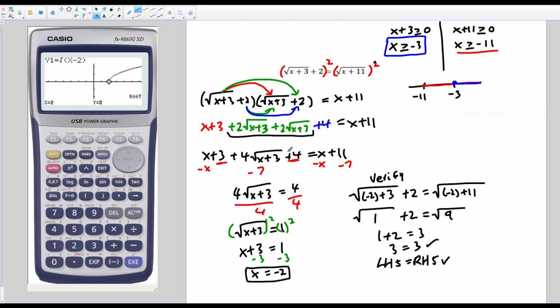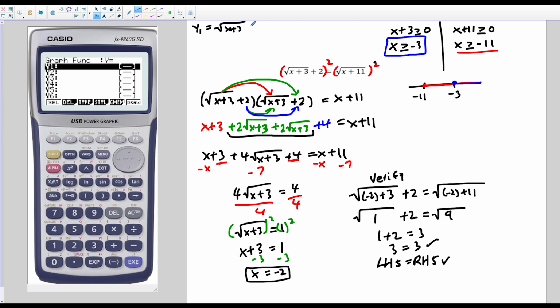We can just stick with this one. Let's go to this one. So what's going to happen here is we're going to go to our graphing calculator. Let's get rid of what we had in here before. And I'm going to put y1, and I'll maybe write this down as well. My graphing calculator, we're going to go y1 is equal to the square root of x plus 3, making sure that we put our brackets in the right spot.